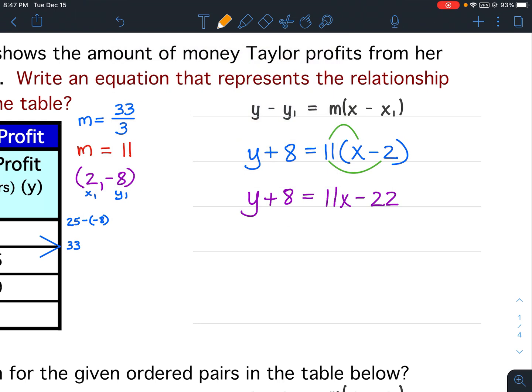One step left to solve, and that's to get the y variable by itself. I want to isolate the y, so I need to take this positive 8 to the other side. So the opposite would be to subtract 8 from both sides.